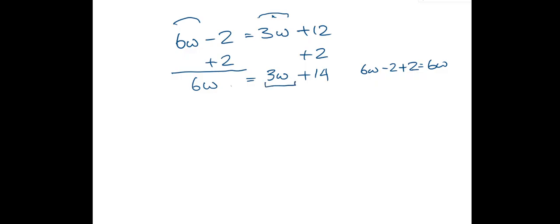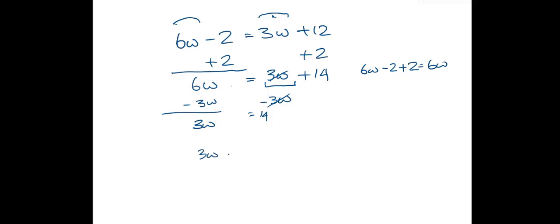Over here though we have a W, and remember it's plus 3W, so we want to take 3W away from both sides. Okay, so 6W minus 3W is 3W, and 3W minus 3W is no W's, and that equals 14.